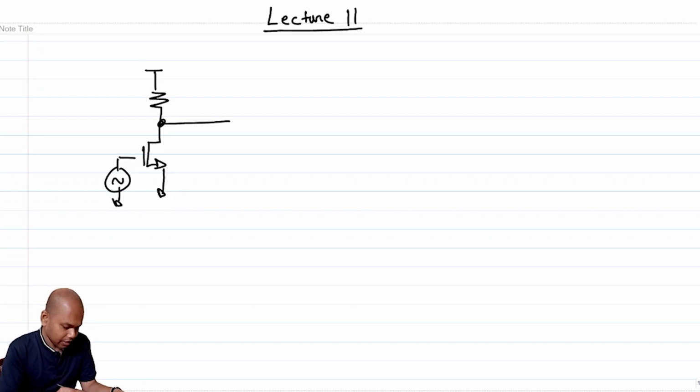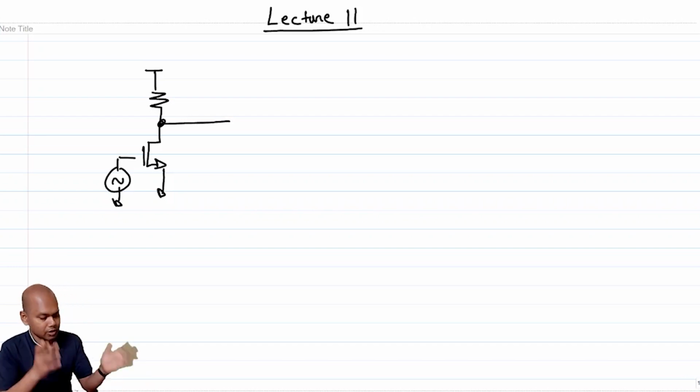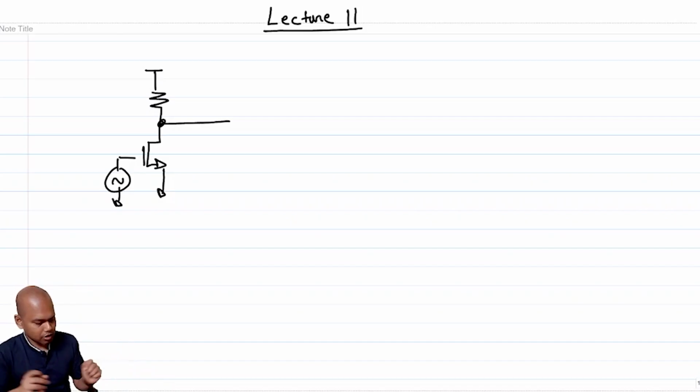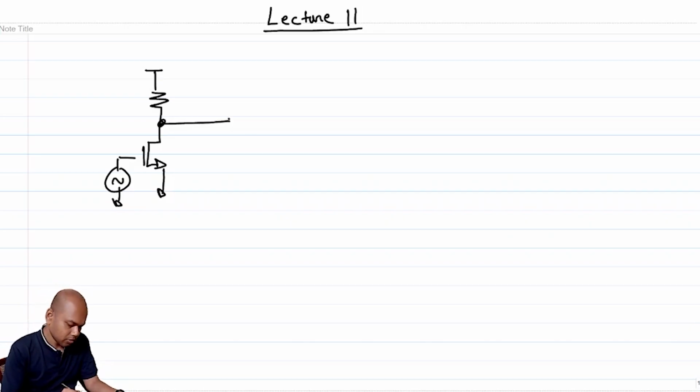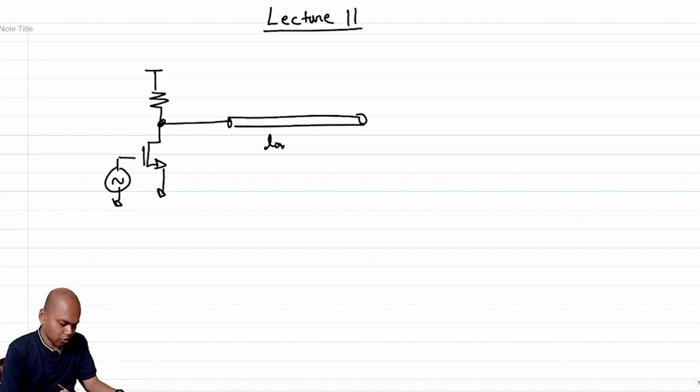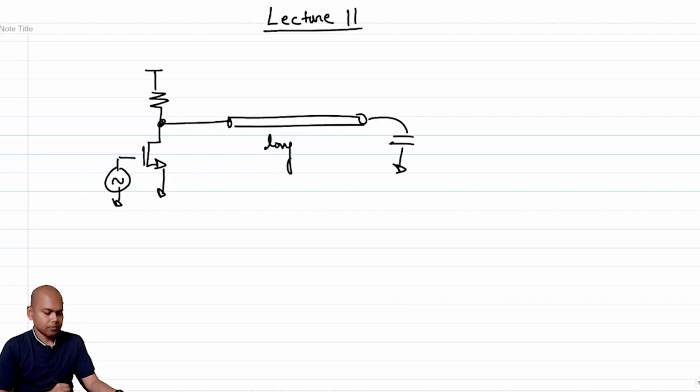But let's say this common source amplifier is sitting inside the chip, and I have a very long output cable which runs all the way, and probably the output is a capacitor.